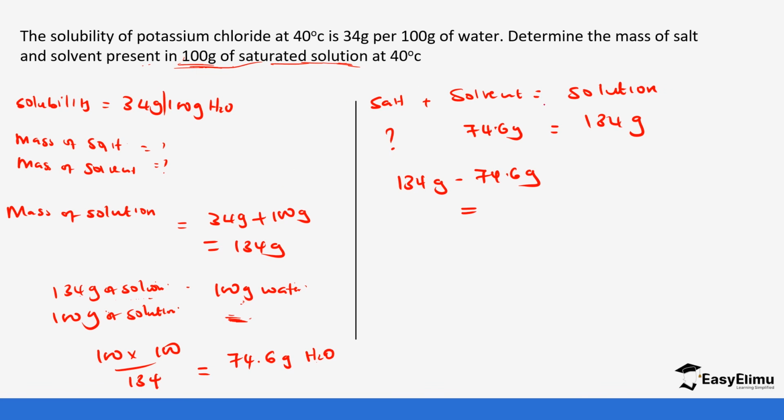The solution is not 134. 134 is for the solubility. This is 100, which will give us 25.4. So 25.4 grams is the solute, the salt, that we will need, and then the solvent will be 74.6. Remember, we have answered these two questions.